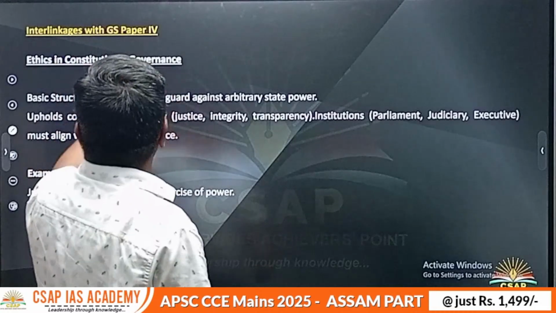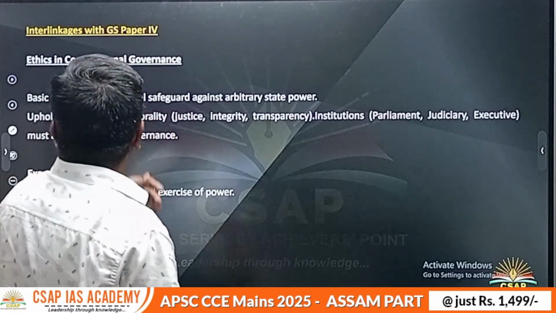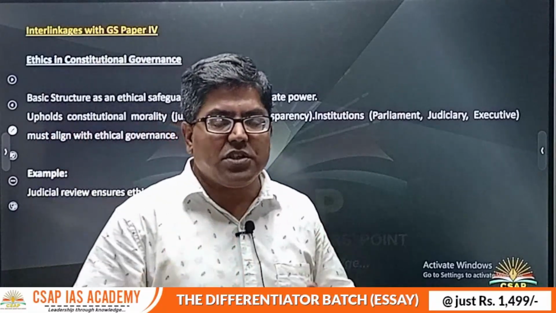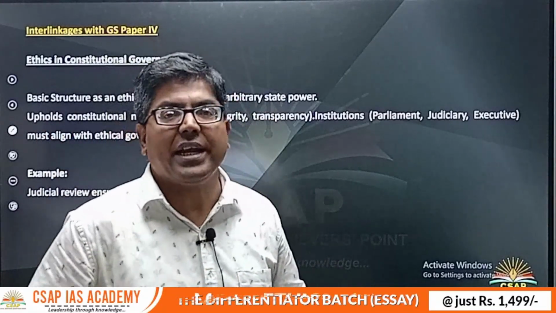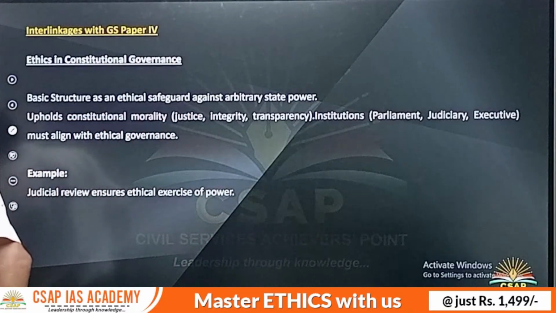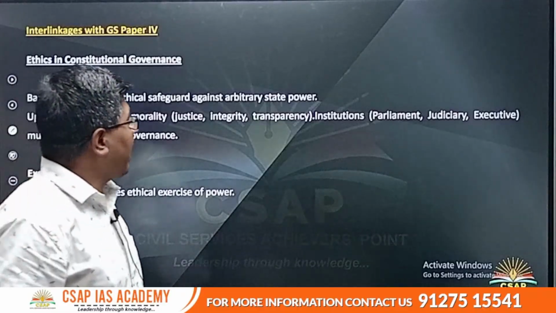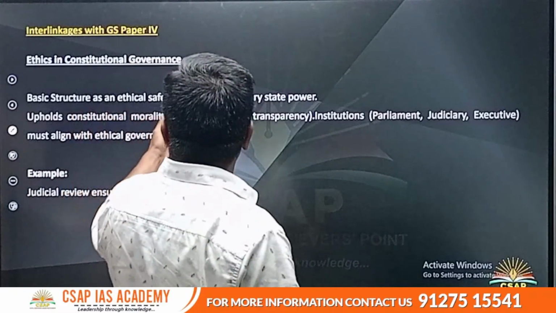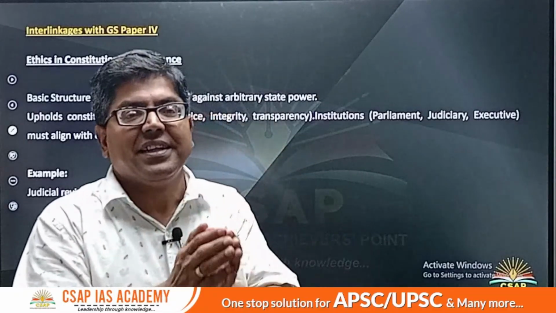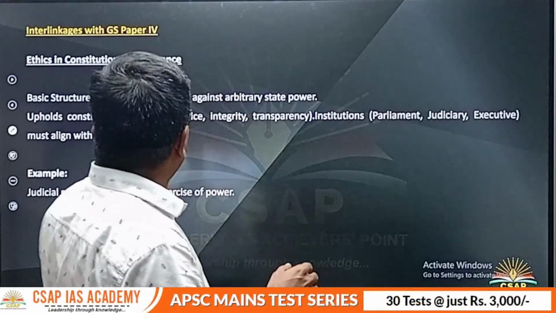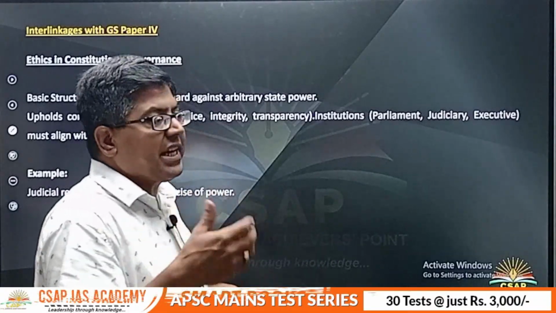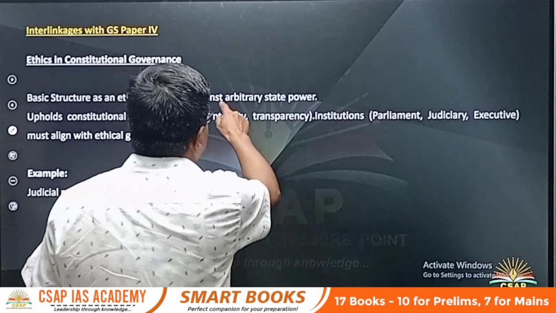Next we can have GS Paper 4, of course, ethics. Now, does the constitution tell us about any ethics? Then we will find the basic structure as an ethical safeguard against arbitrary power. We can interpret the basic structure as a safeguard, an ethical safeguard against arbitrary state power.